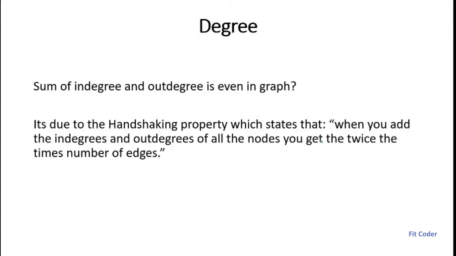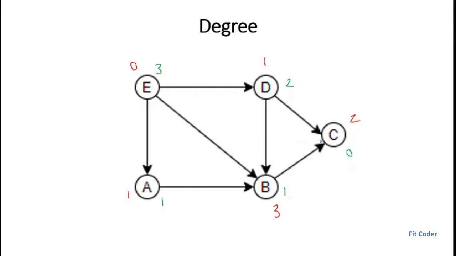So then there is a common theorem that says that the sum of in degree and out degree is even in a graph. So why do we say that? If you see, each edge is considered twice.